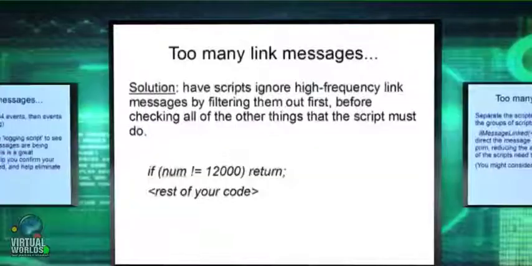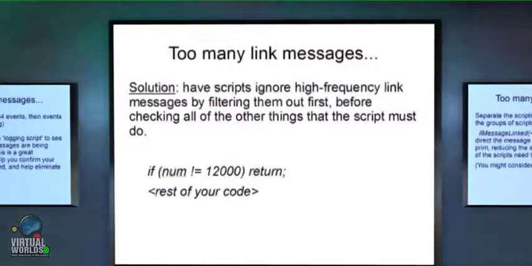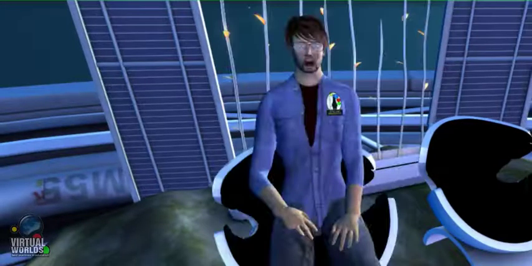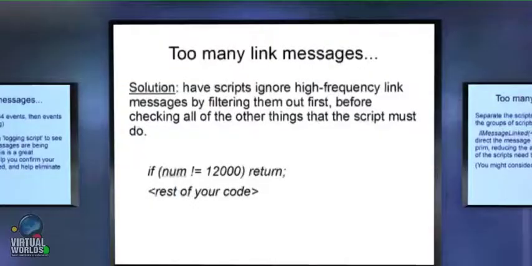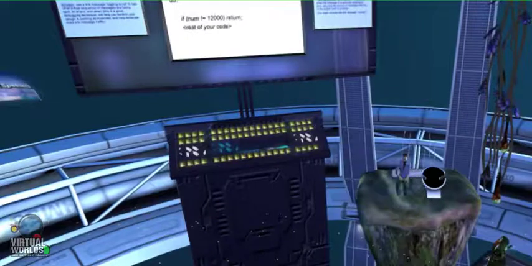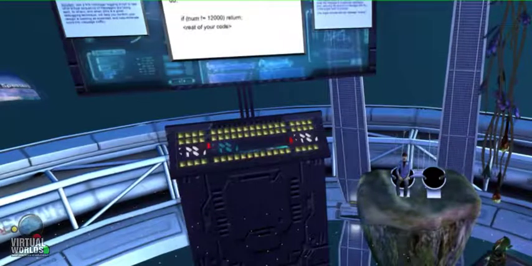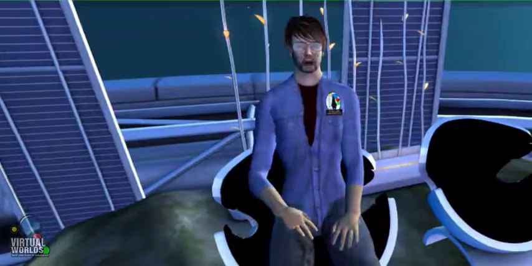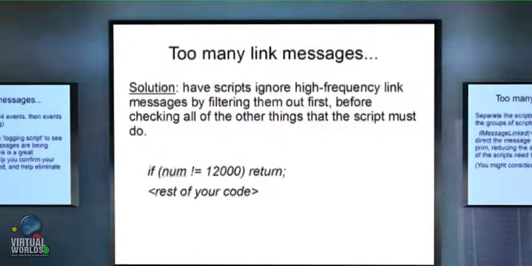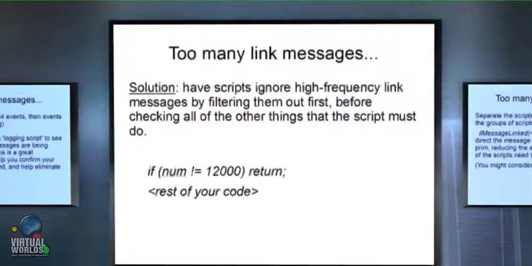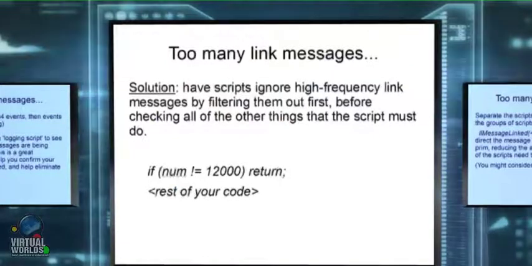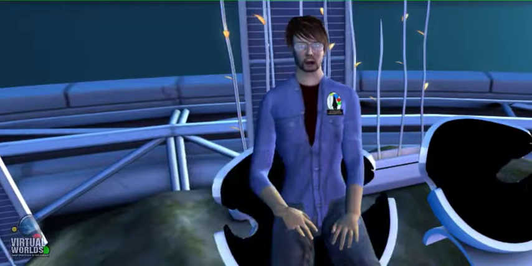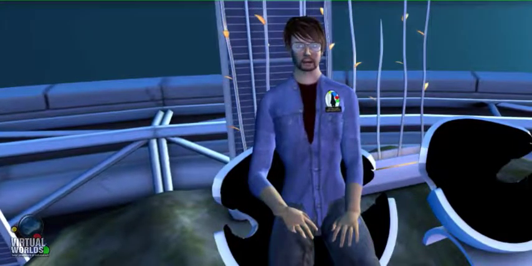So if this one is responsible for a series of numbers in, let's say, the 12,000 range, then one of the things I would put up at the very front is, if the number is not 12,000, then return. But what this means is that I don't have to execute a series of cascading if, then, else statements in order to know that I'm not interested in this particular link message.